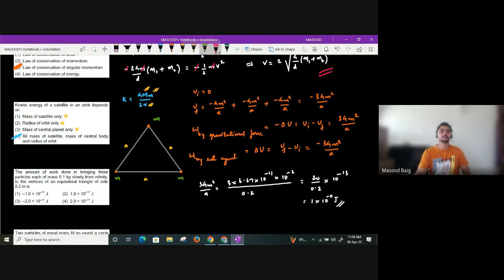If they are asking us to find work done by gravity, the answer will be 1 into 10 power minus 11. If they are asking us to find the amount of work done by an external agent, then the answer should be minus 1 into 10 power minus 11 joules. Clear, all of you?